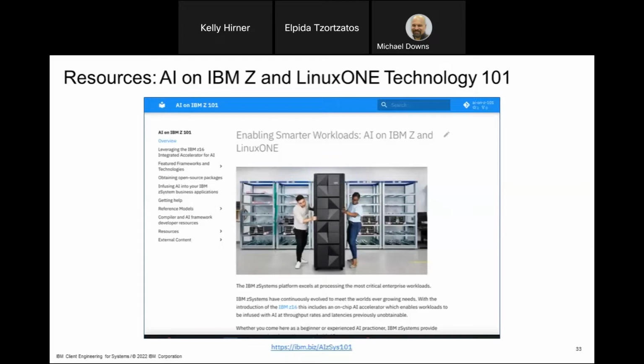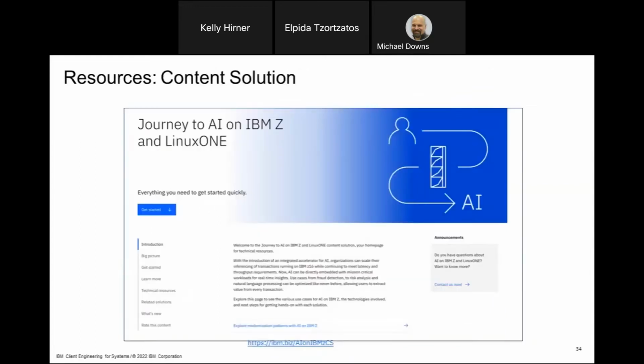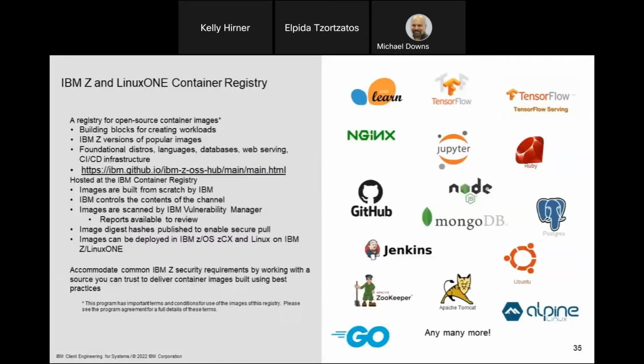We have our AI on IBM Z and LinuxONE Technology 101 page where you have the link here. We also have a content solution page that gives you a lot of useful information. And then we have an IBM container registry where we actually provide highly curated container images of a lot of the AI open source and frameworks that you see here, and many, many more that you can leverage in your systems.